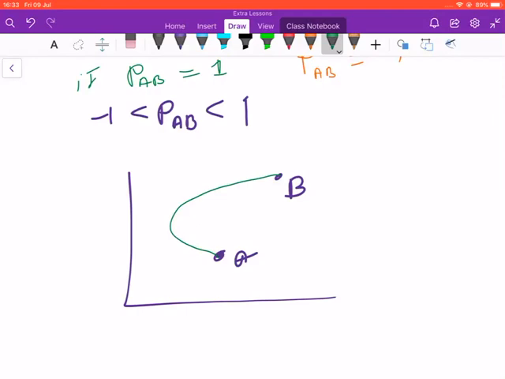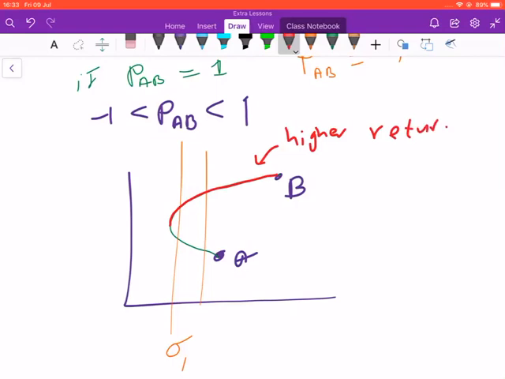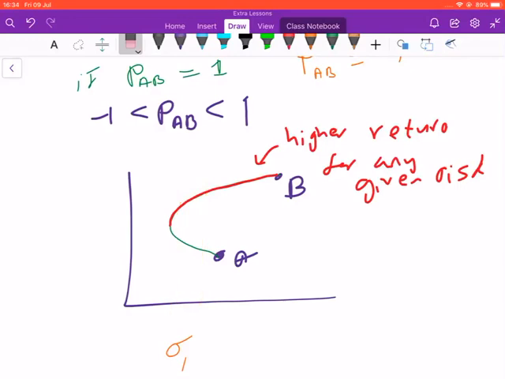When you look at this, you can see that for any given risk, the line on top will always give you a higher return. Since this will give you a higher return for any given risk, we are going to give it a special name.